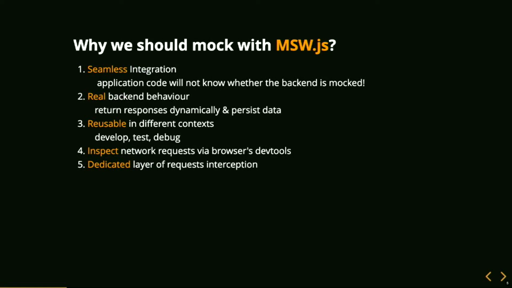Beyond all the benefits of having a mock server, mocking with MSW brings us more power on the table, such as seamless integration, which means the application code will not need to know whether the backend is mocked or not. Real backend behavior, for example, we can return responses dynamically and persist data even in the mock server.